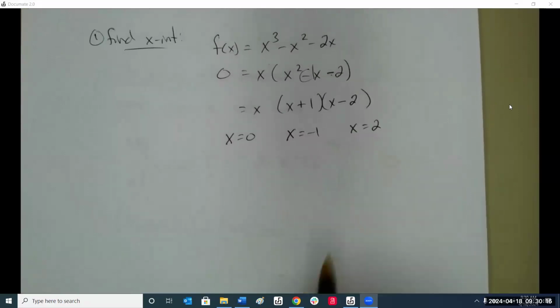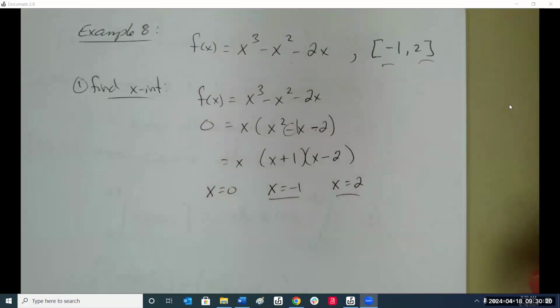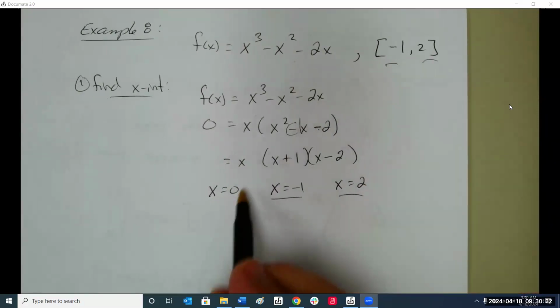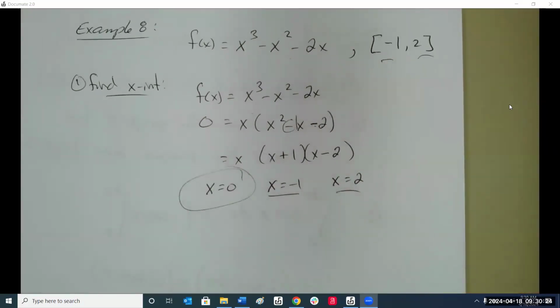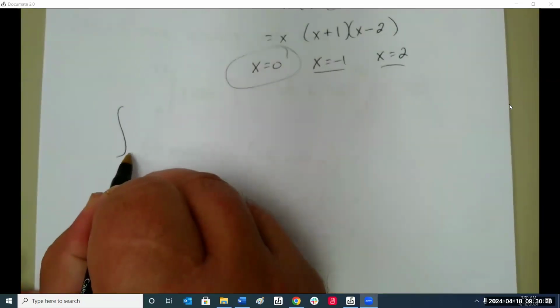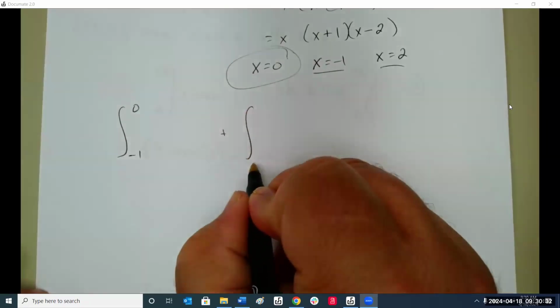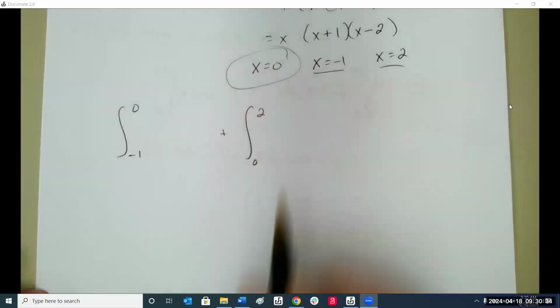Since -1 and 2 are the end bounds already, we expect those to be x-intercepts. This is the only one that we didn't know about. So we have to take the integral of our function from -1 to 0, and then from 0 to 2.